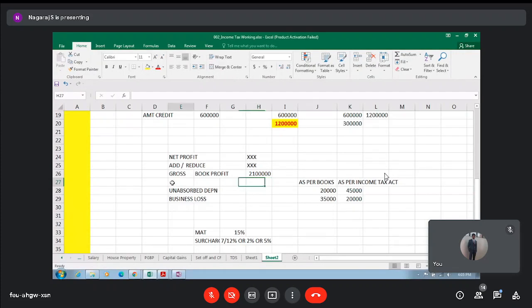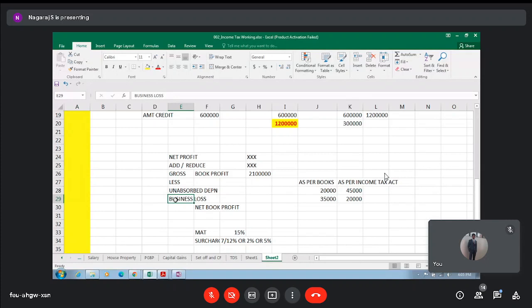What adjustment you need to do means you need to deduct it before arriving at the net book profit, or simply the book profit. If they want to test you in math, they will give this. Remember, whatever unabsorbed depreciation or business loss, you guys there? Please respond, otherwise I will think you have slept.